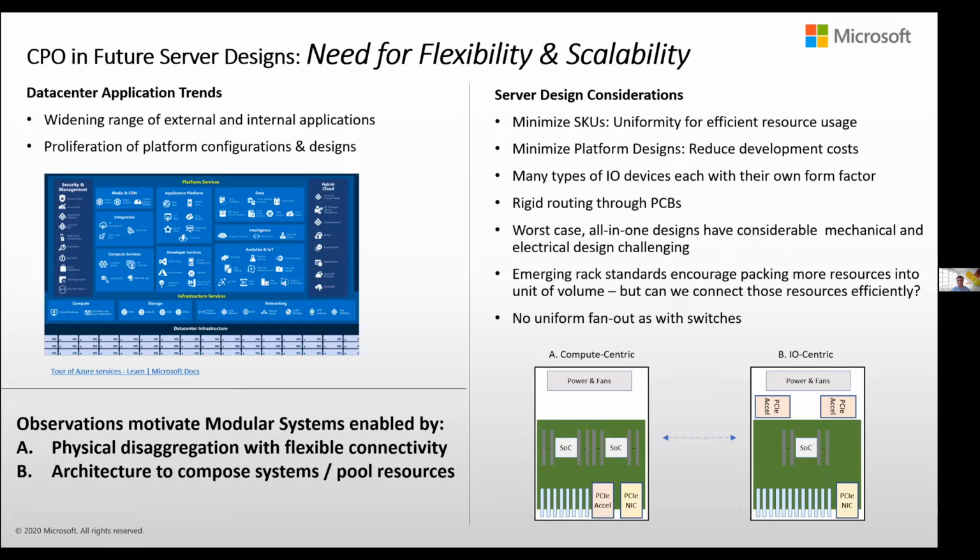And the default approach, where you look at the worst case and build an all-in-one design, is looking to be untenable, right? There are significant mechanical and electrical design challenges as the range of applications increases. Trying to do all-in-one designs is just not cutting it. And you've got these new rack standards and chassis standards that actually encourage packing more things into the design, into a chassis.